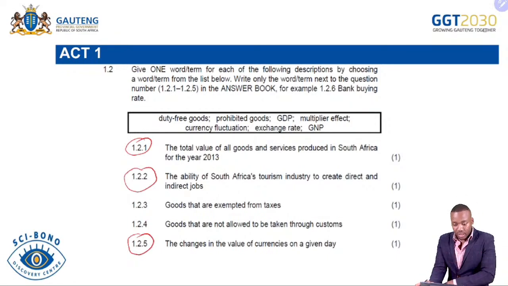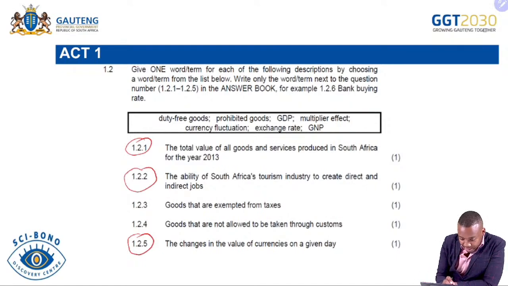Let's just check this. Give one word. These are the examiner's instructions. Give one word or term or concept for each of the following descriptions by choosing a word or term from the list. Write only the word or the term next to question 1.2.1 to 1.2.5. Then we are given the concept. Let me just highlight the ones that are relevant.